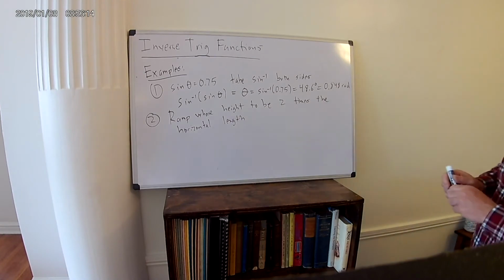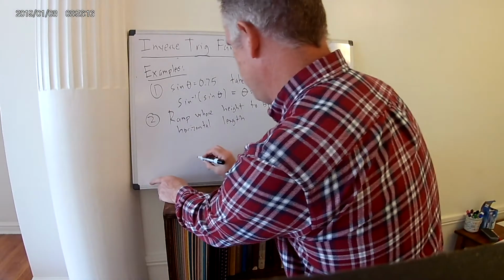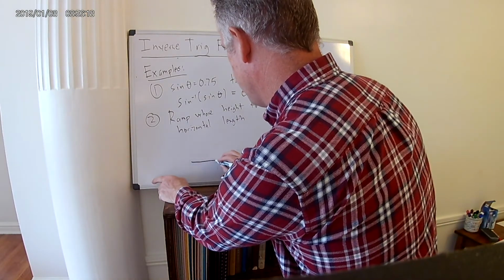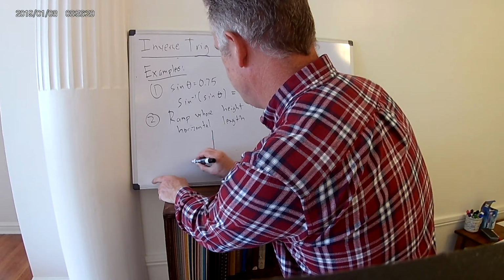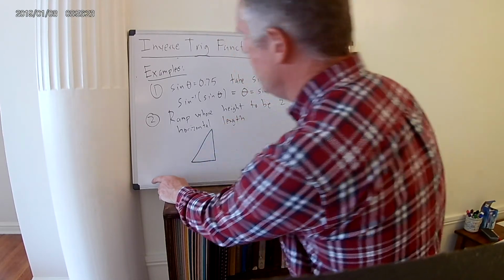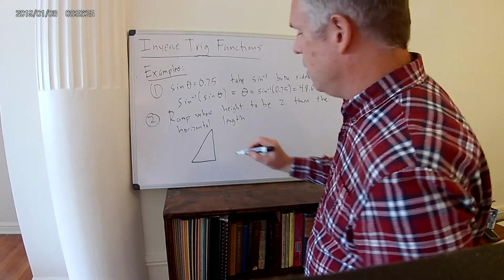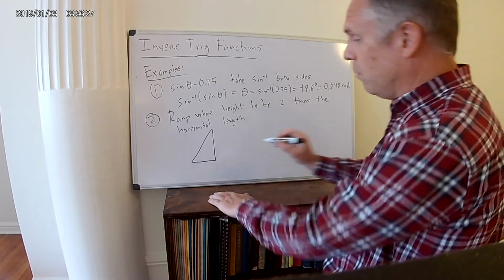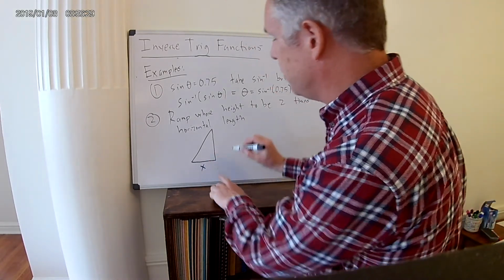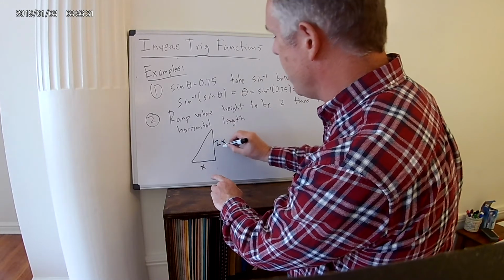Let's draw a picture of this. That's a pretty steep ramp, right? Here's your ramp. This is the height, and it is 2 times the length. So if the horizontal length is x, the height of my ramp is 2x.